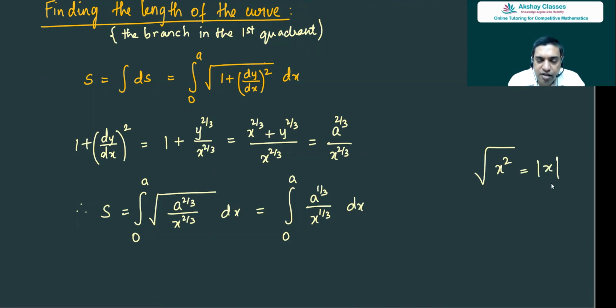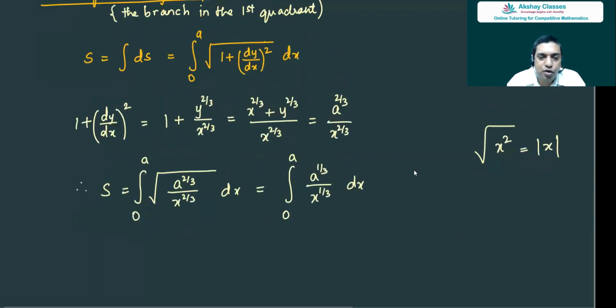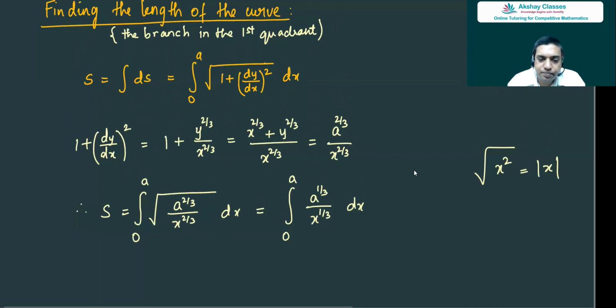I do not get a modulus because x is already positive. It lies between 0 and a. We are integrating within those limits. If it was minus a to a, then under root of this, we have to write it with a minus sign here. So that caution we have to take. That's why best is always first quadrant. If you have to find a length of the curve or area of the curve, first quadrant we solve and then multiply by 2 or 3 or 4 as it is required.